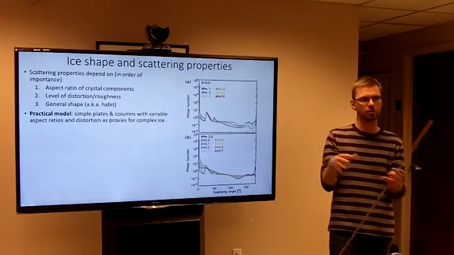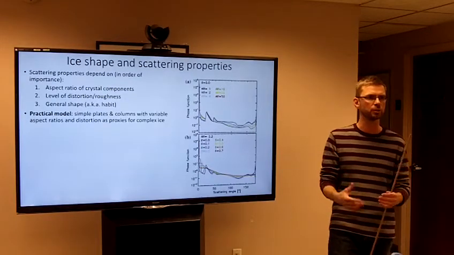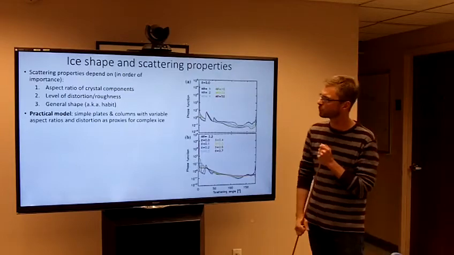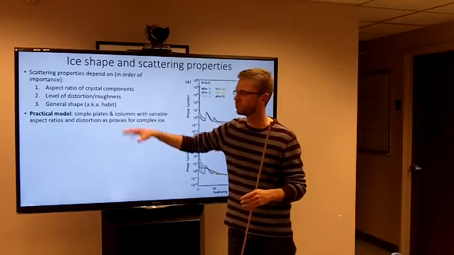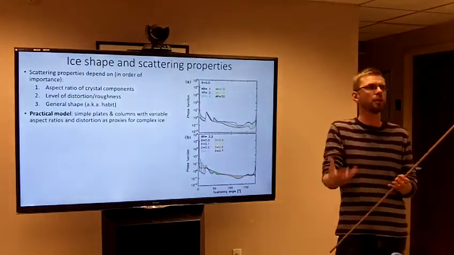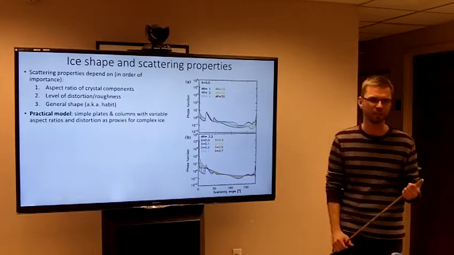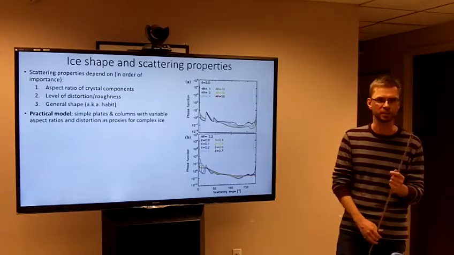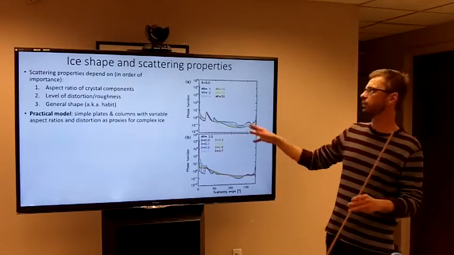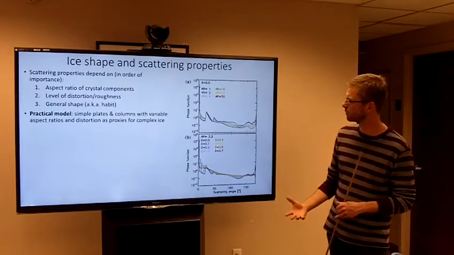You change the aspect ratios of these crystals, and you change the roughness or distortion, which is a parameterization of these roughness structures on there. And you don't have to change the shape, which is also not a parameter that you change. It's not a number. You're not going to change bullet rosette to plates in a numeric sense. So this is basically my practical model that I apply to this problem.